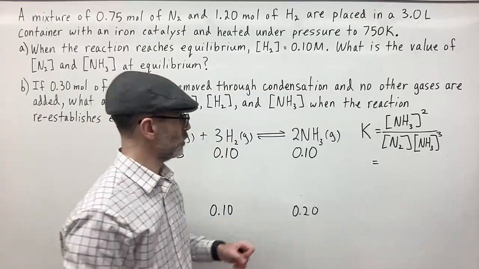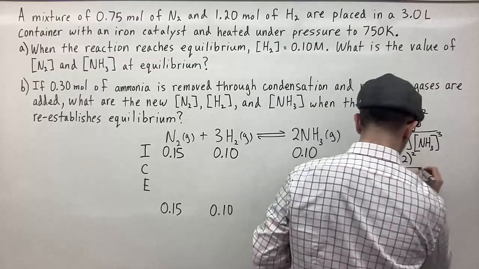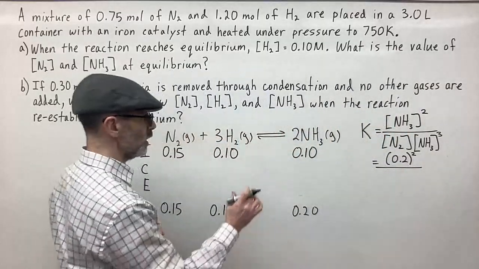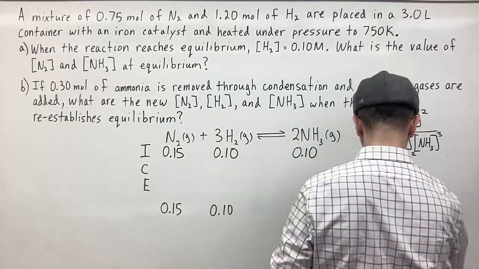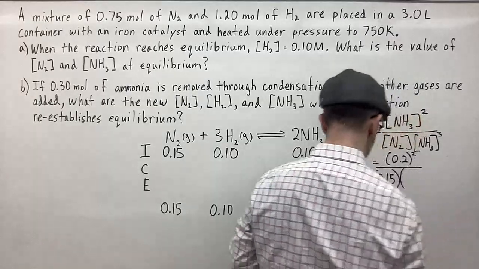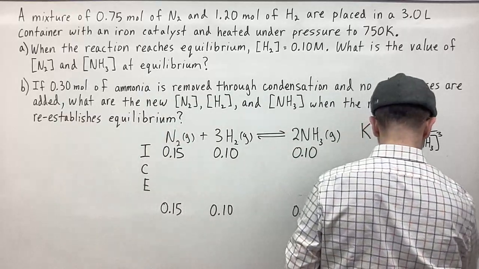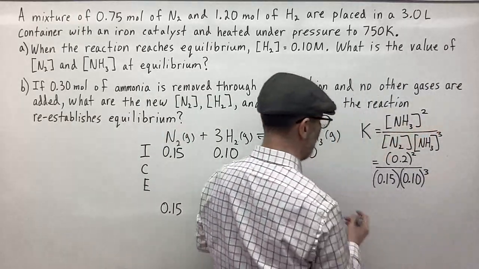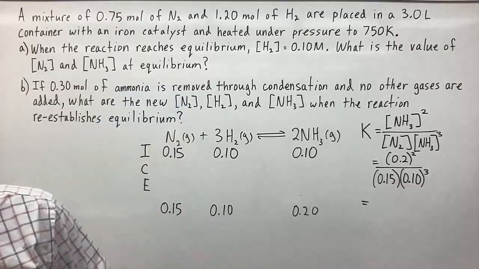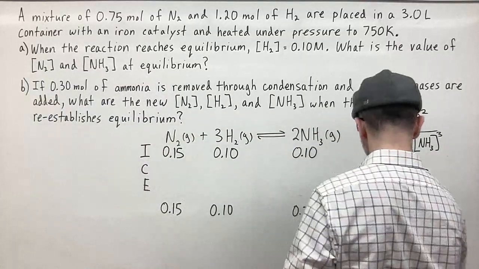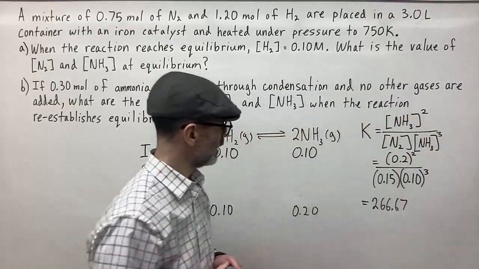For NH3, it's 0.2 squared, divided by the concentration of N2, which is 0.15, and again divided by 0.10 cubed. You do the calculation using a calculator, and you get 266.67. 266.67 is the K value.